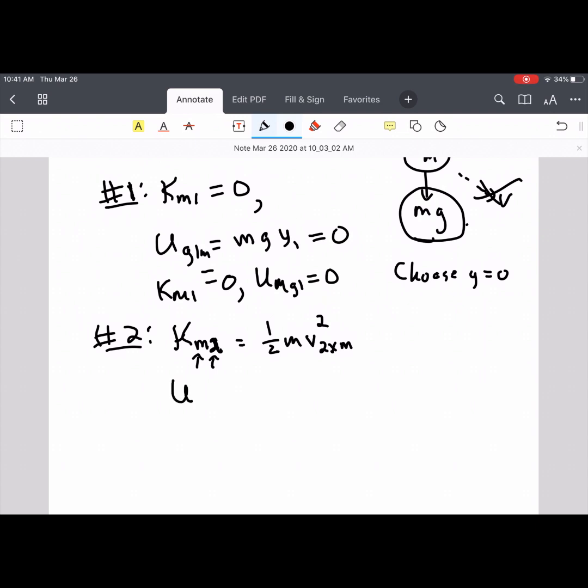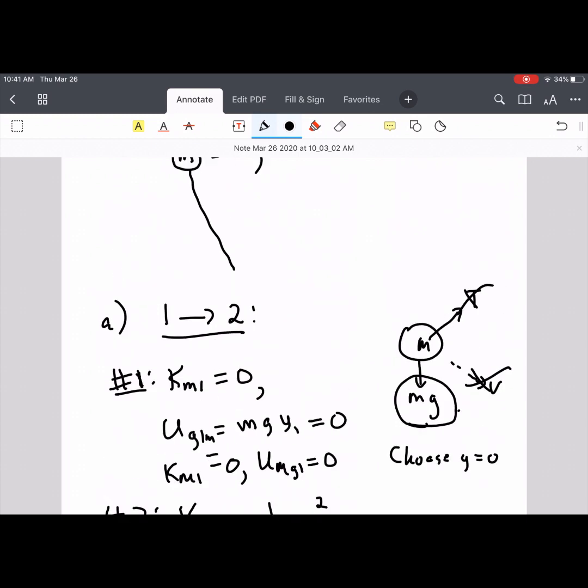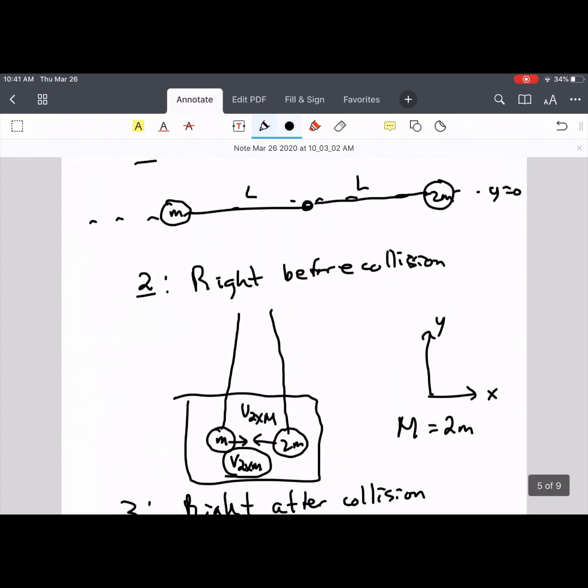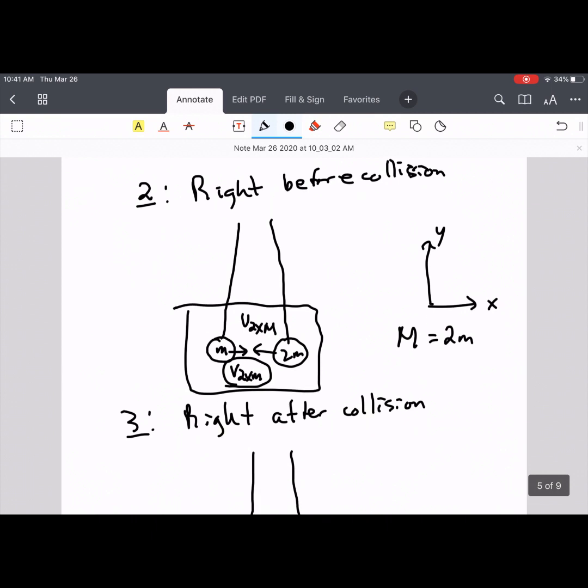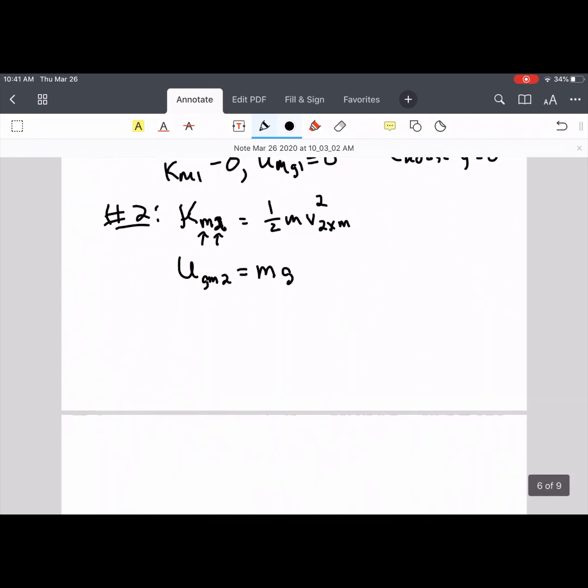Gravitational potential energy is equal to mgy. And notice that if the rod is of length L and y equals 0 is the initial point, then when I hit the bottom, y is going to be equal to negative L. It's L in the negative direction. So this is mg times negative L.